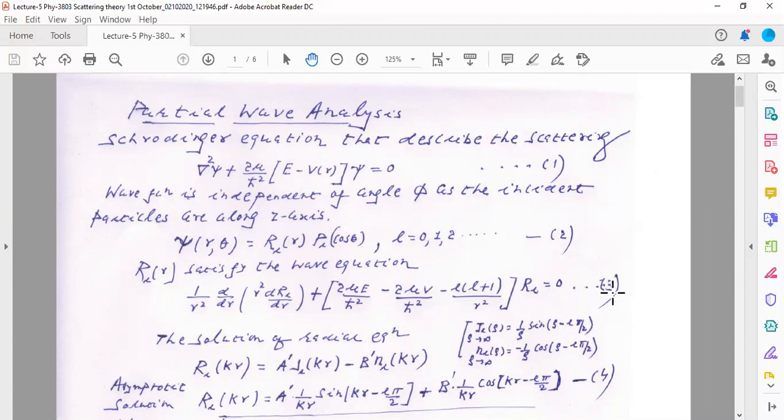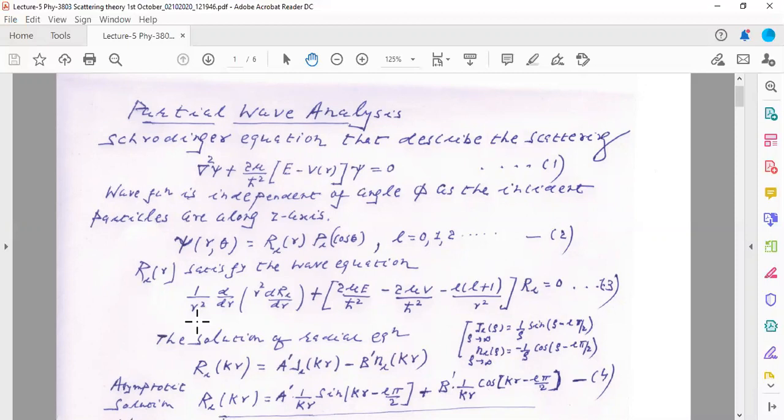a particle is at a very large distance r, which we have considered, when the particle is not in the region of potential, because you see you have a particle which is generally considered as a target, and this target is kept along the z-axis at the origin, and surrounding this target particle you have a region of potential.